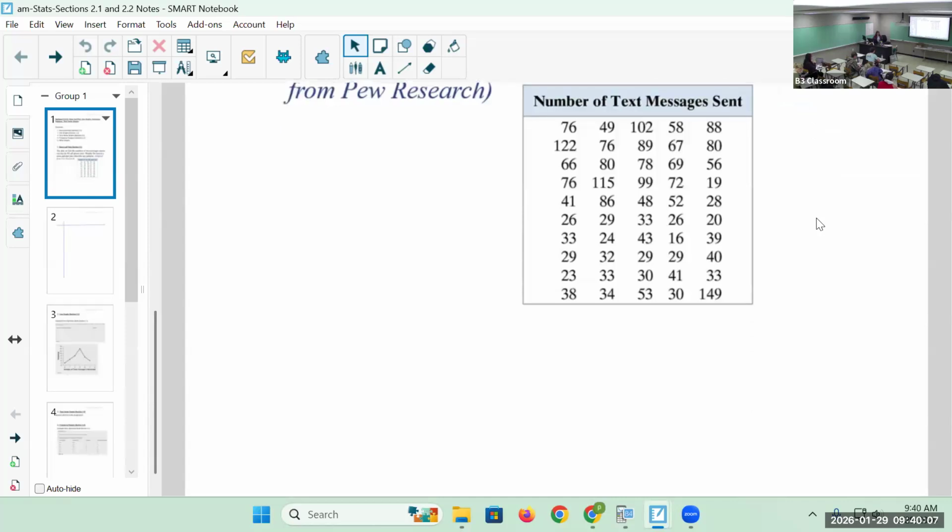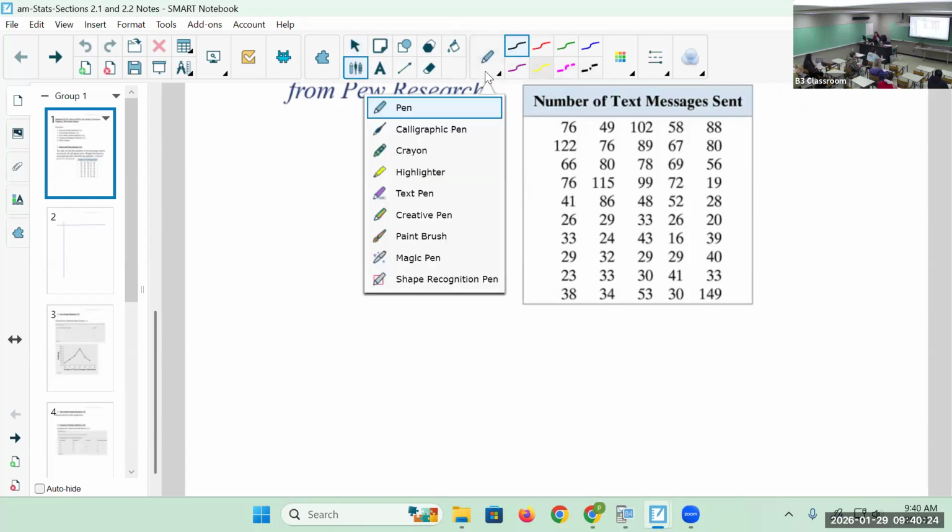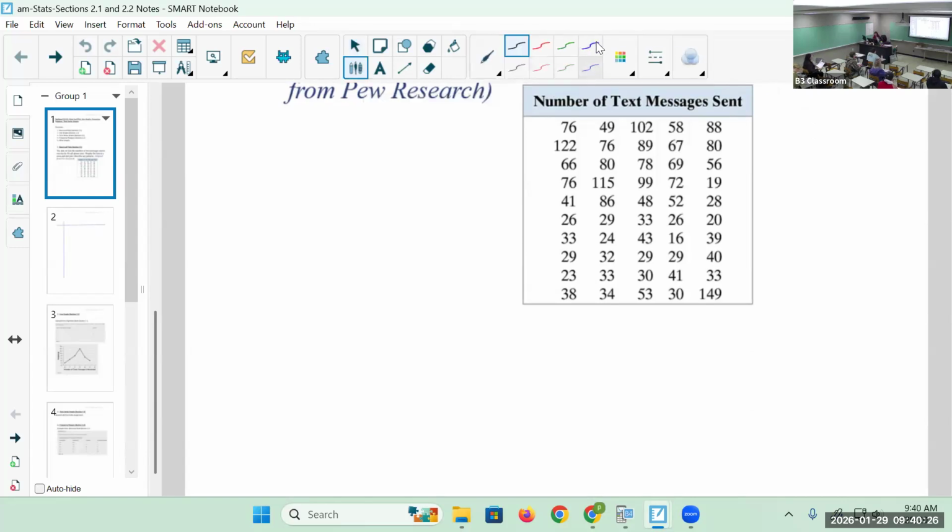Okay, so let's come back to the handout. One of the rules for stem and leaf plots is that you have to be given the key of how the stem and leaf plot needs to be built, or you have to decide what the key is. So the key will look like this: 2, and then a line through it, and 5.